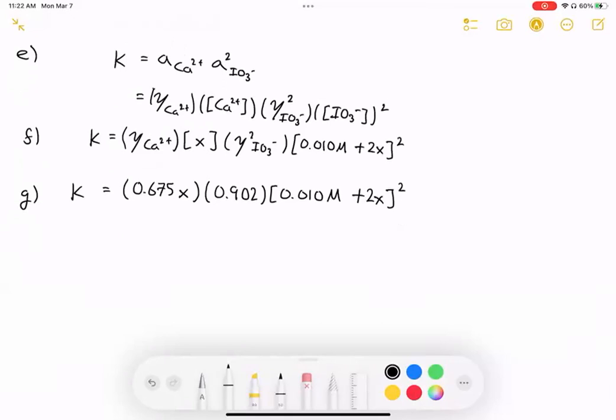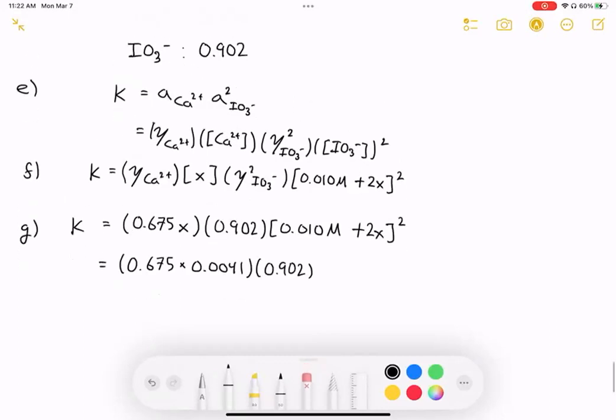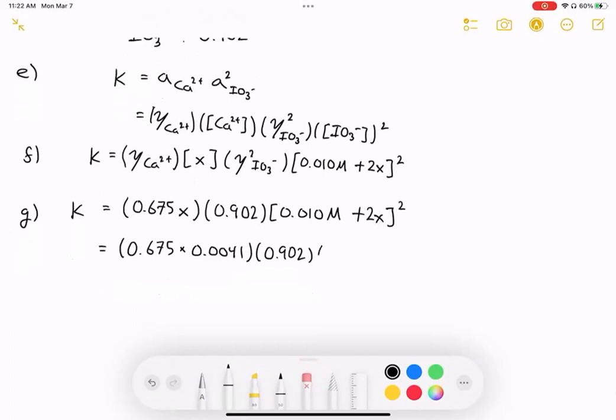So we can definitely simplify a few things here, but it might be better to just plug in x. 0.675 times 0.0041 times 0.902 times 0.010 plus 2 times 0.0041.